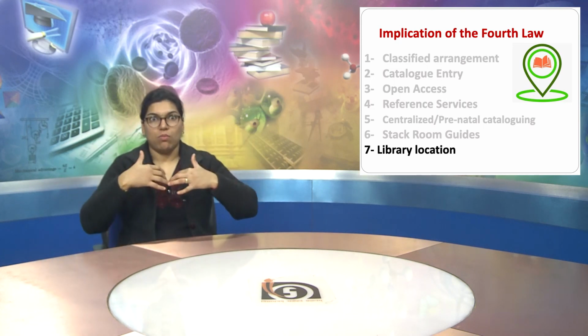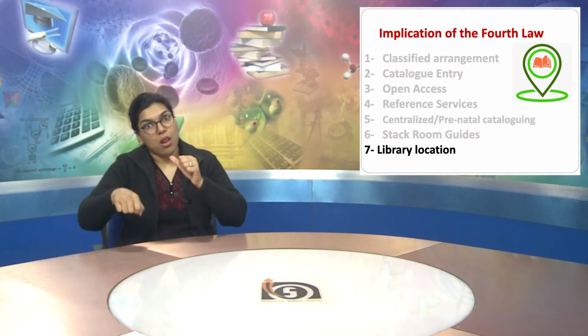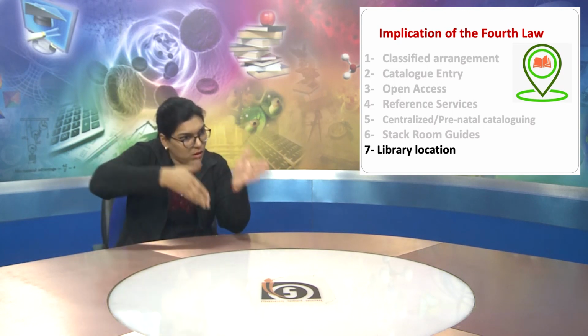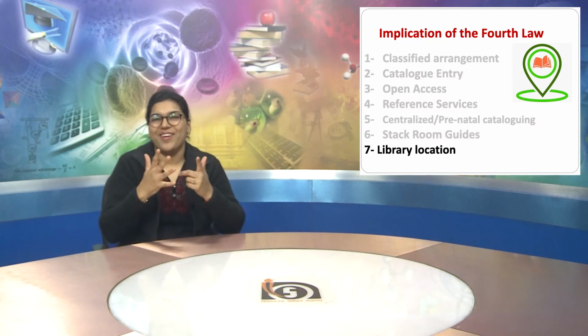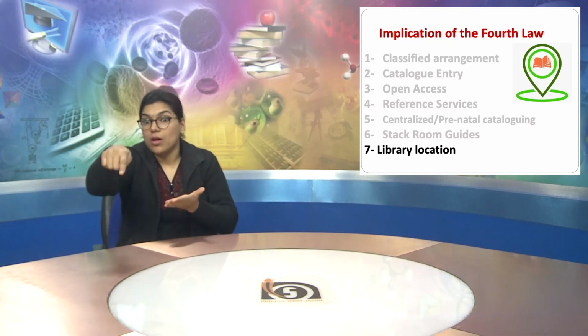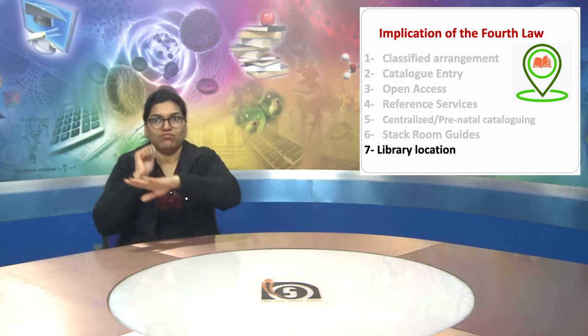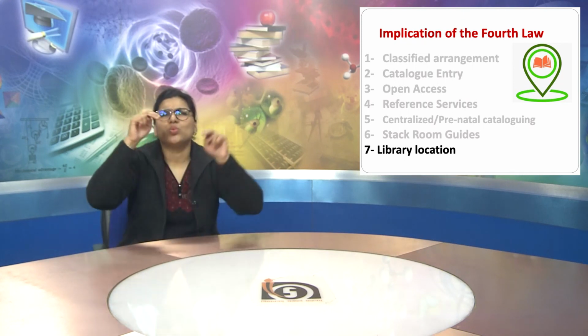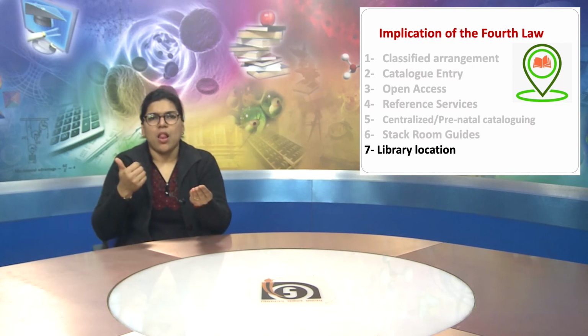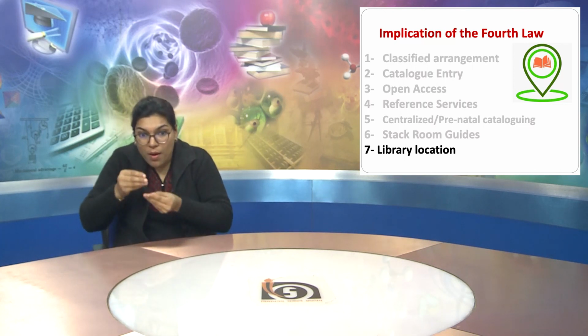The fourth law also deals with the time taken by the reader to reach the library. It should be so located as to save the time of the reader, but the location of urban area libraries is not always equally accessible from all parts of the city due to some geographical constraints.